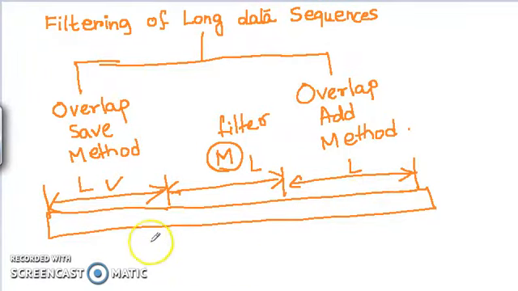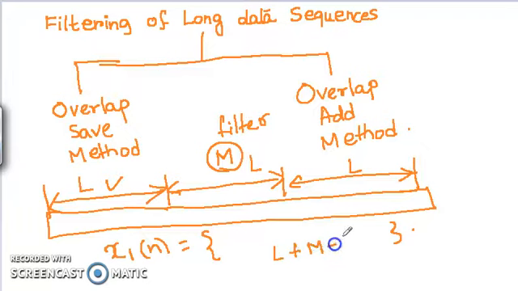Suppose this arrangement of the data sequence is x1(n). So there is a sequence x1(n) such that its length will be L plus M minus 1.